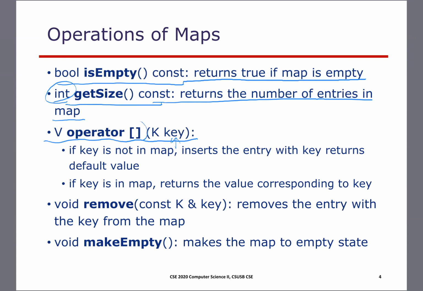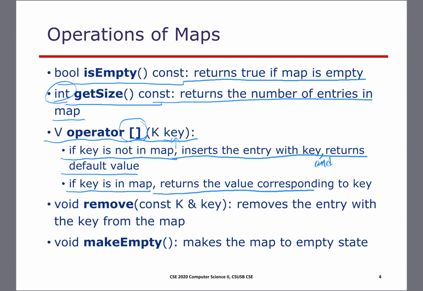This one is like an insert operation. If the k is not in the map, the index operator inserts the entry with the k and returns the default value. If the k is in the map, we don't insert duplicate keys, so we return the value corresponding to the k.